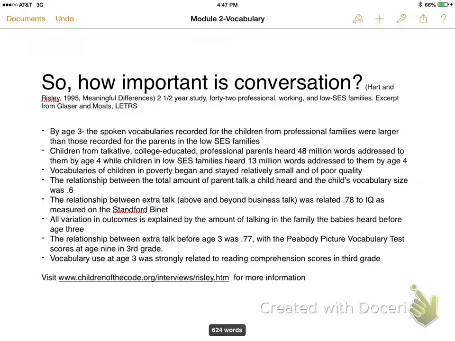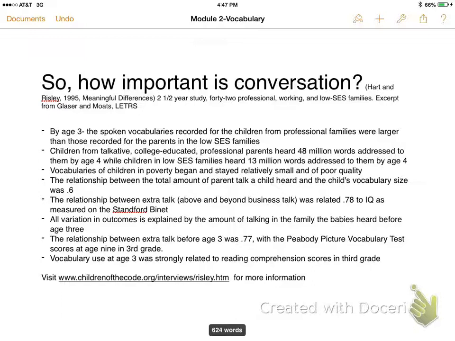So very young. But when they get to school, the relationship between the total amount of parent talk that a child heard and the child's vocabulary size was 0.6. Now, what in the world does that mean? A perfect correlation is a 1. I can say, because this happened, this is going to happen.